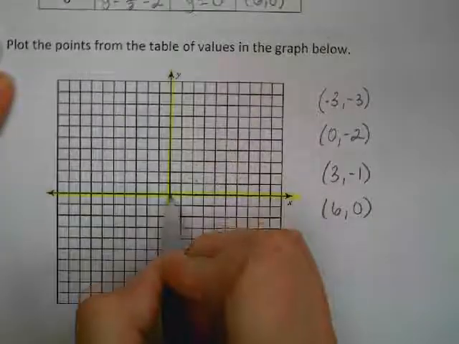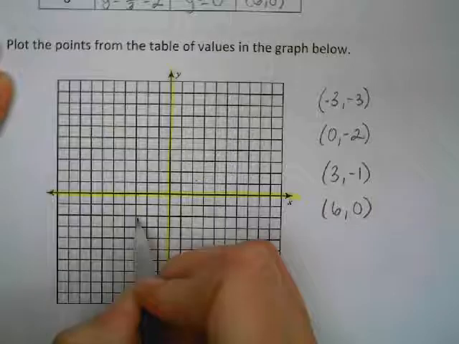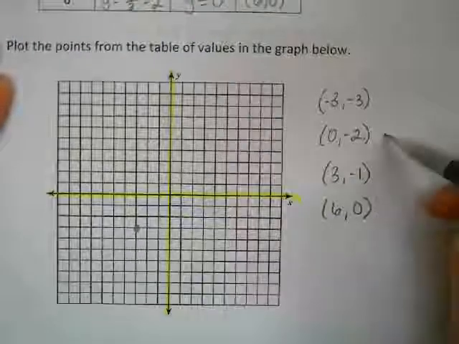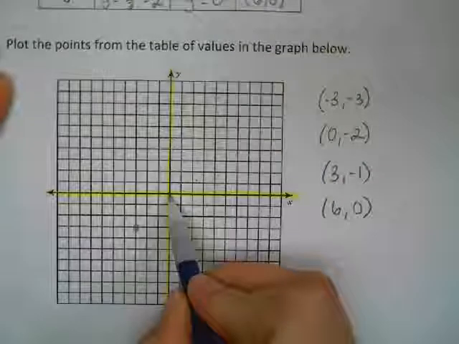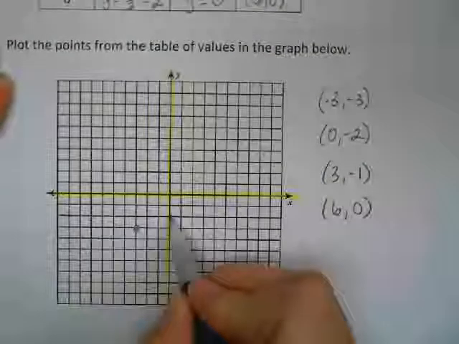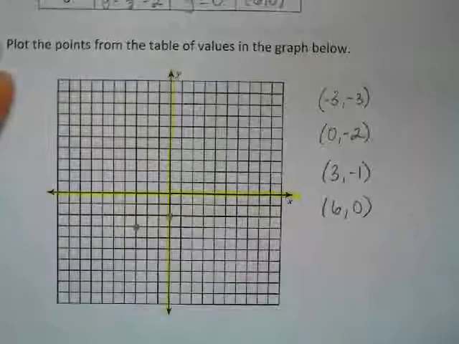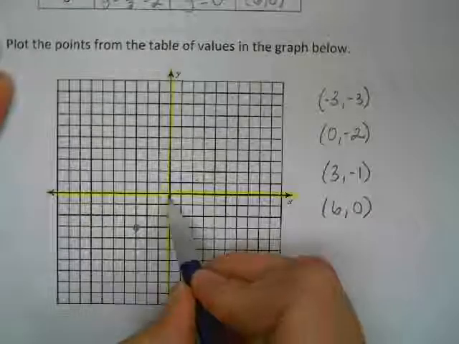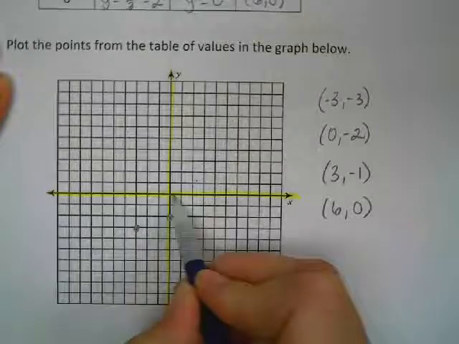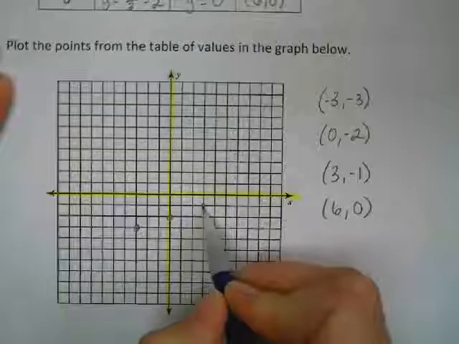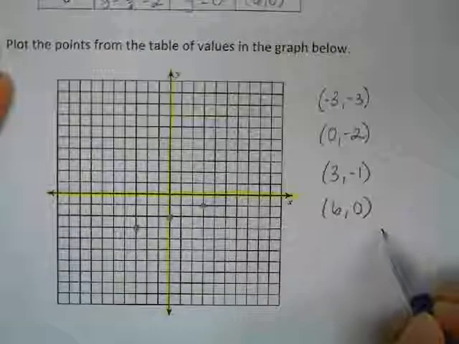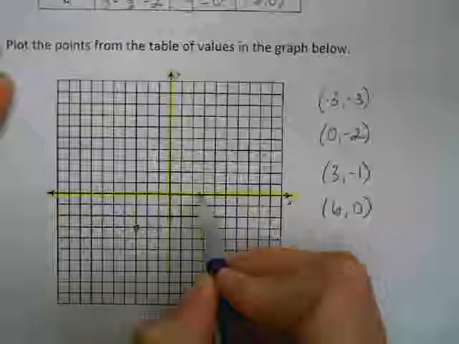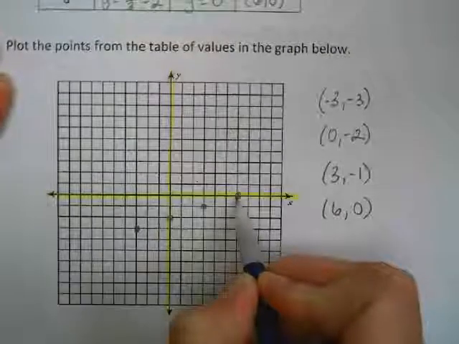Start at the origin, go to the left 3, and then down 3. (0, -2), start at the origin and go down 2. (3, -1), start at the origin, go to the right 3, down 1. And then (6, 0), start at the origin and just go to the right 6.